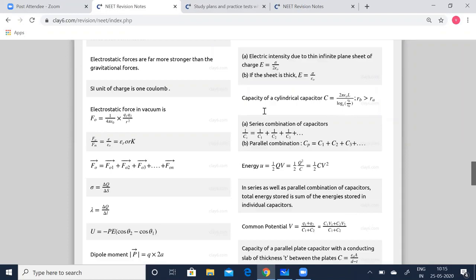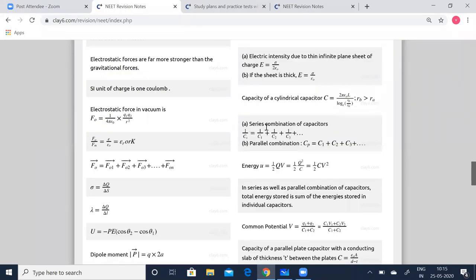Again, look into the series combination of capacitors. You can relate this to the resistance which we studied in 10th grade in electricity. Like the combination of resistors, the capacitors can be combined in series or parallel.